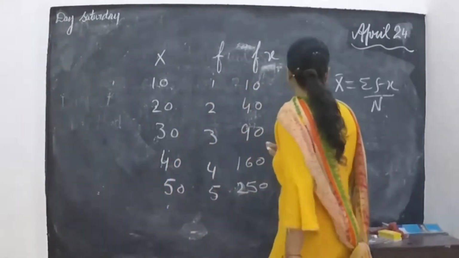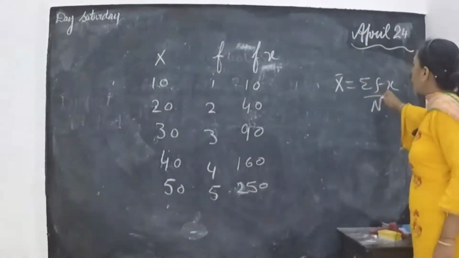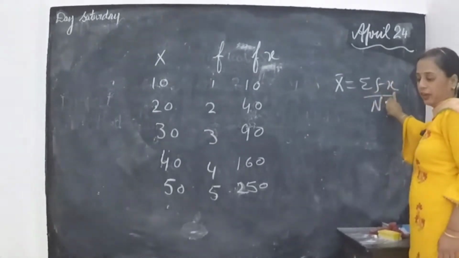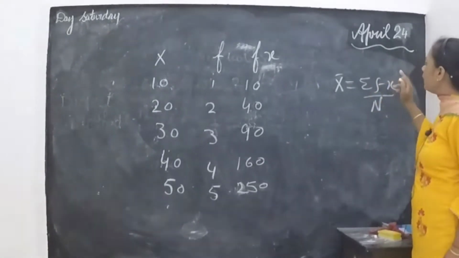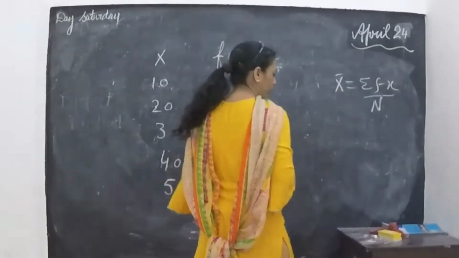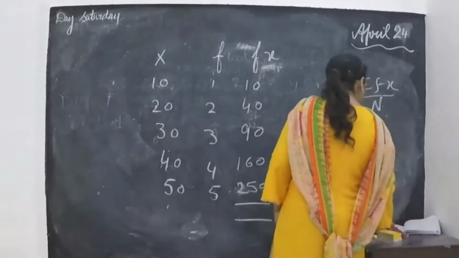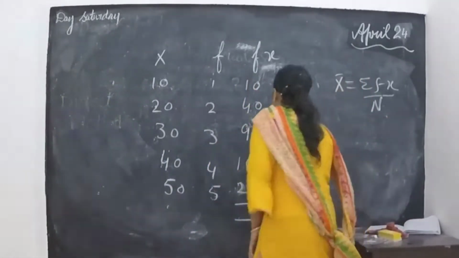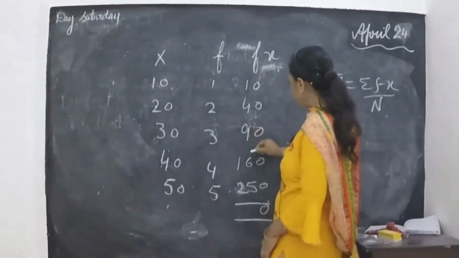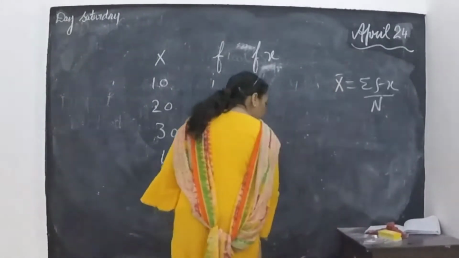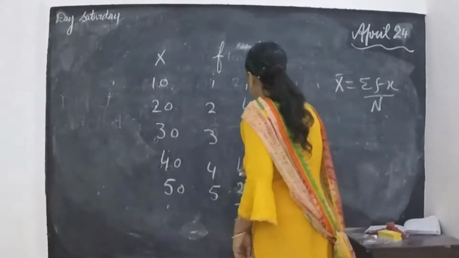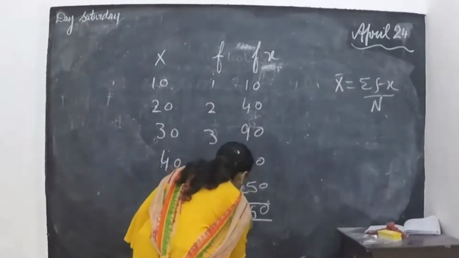Okay. Now what will we do? See the formula. The formula is demanding the summation of fx. So how will you calculate it? You will add the items of fx: 10, 40, 90, 160 and 250.